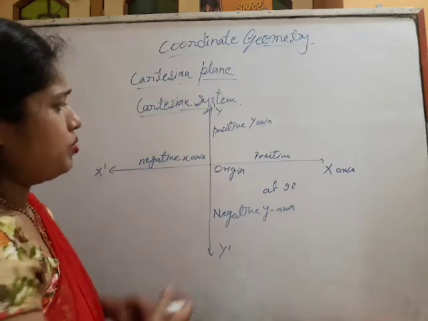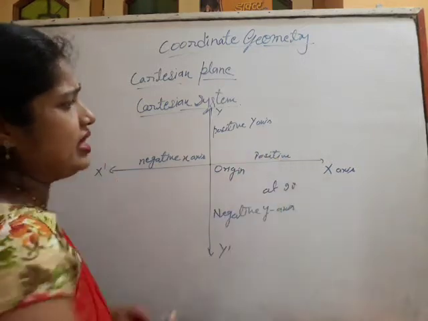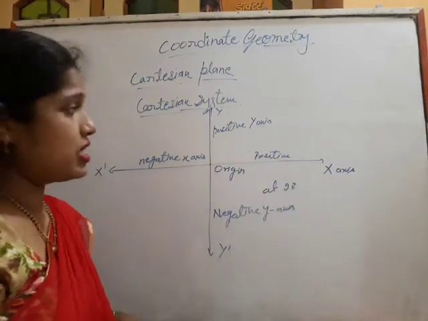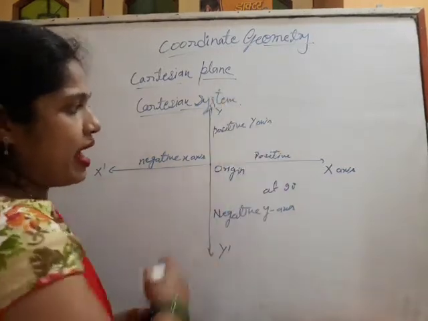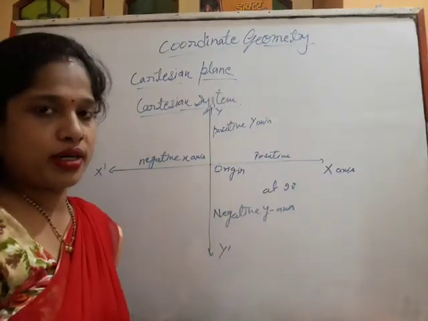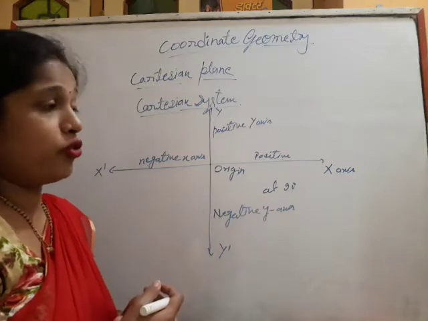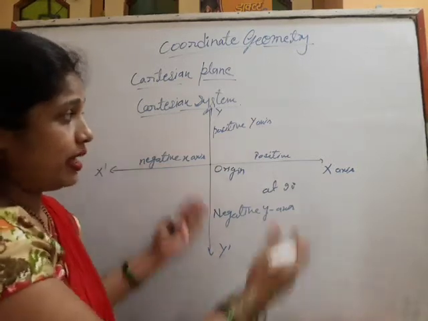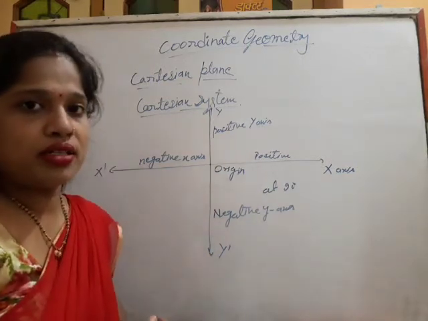By having these two lines, as you can see, the plane has been divided into four parts. What is each part known as?